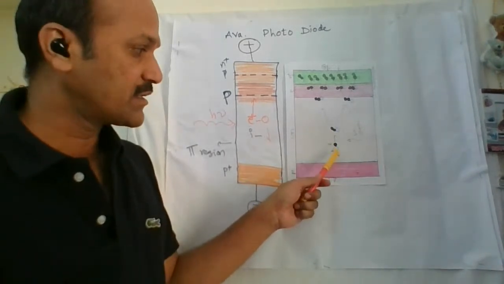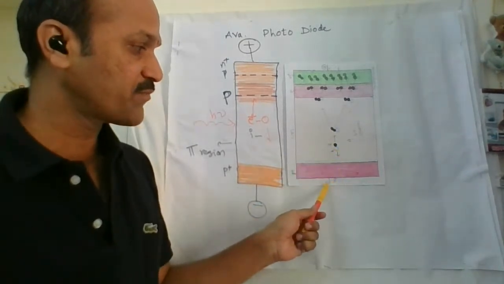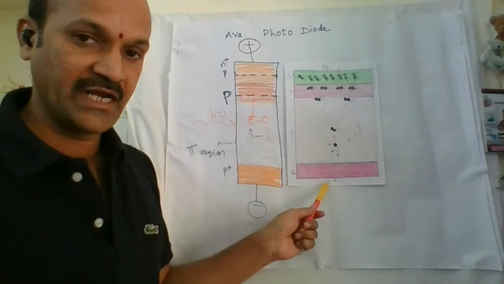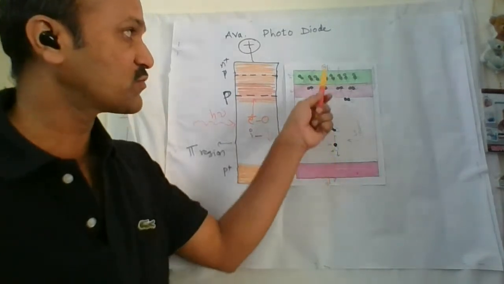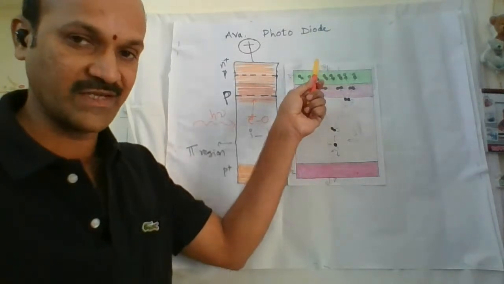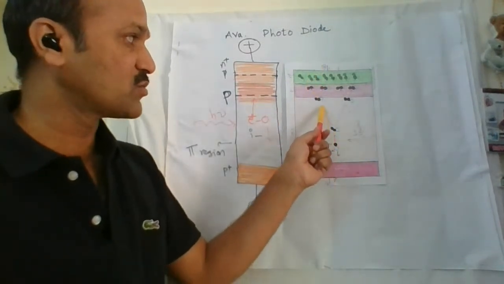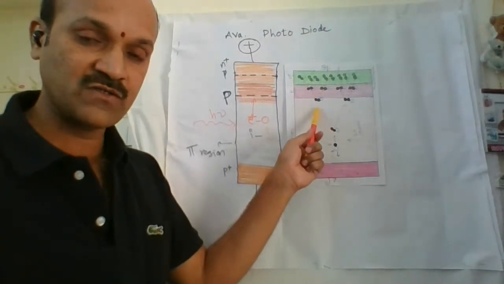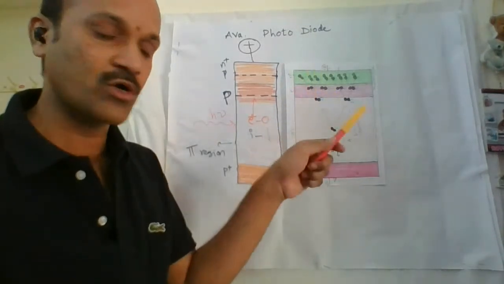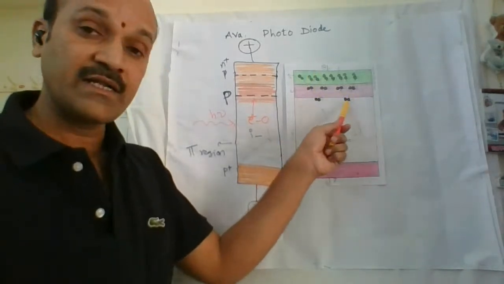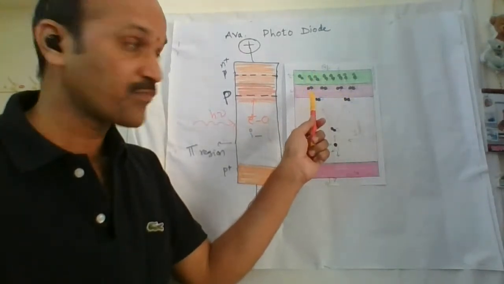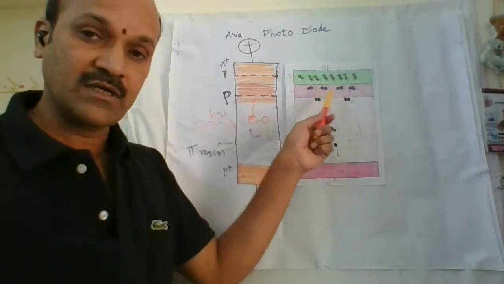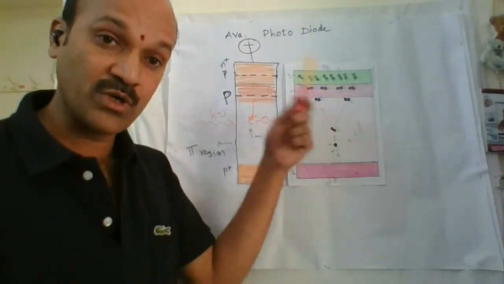The hole moves towards the lower potential direction, the negative side, and the electron moves towards the higher potential, the positive side. When this electron moves, due to colliding with other electrons and with the lattice, ionization takes place. That is, more electrons will be developed. These emitted electrons again collide with other parts of the lattice, giving again more electrons.